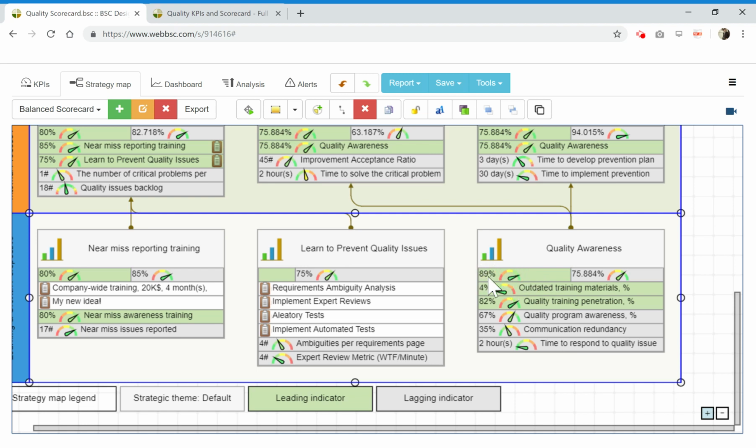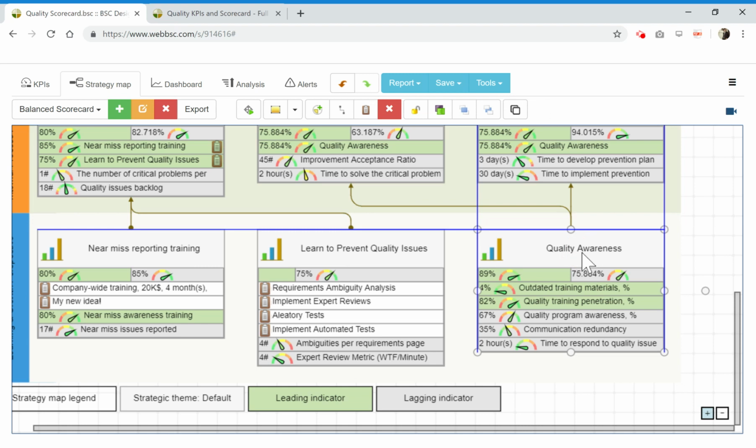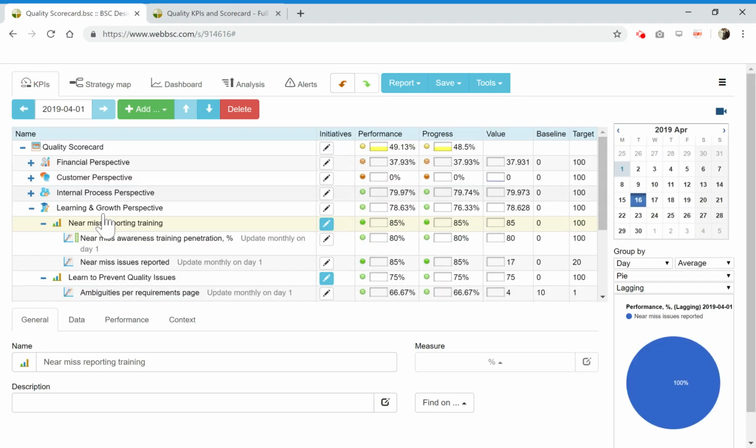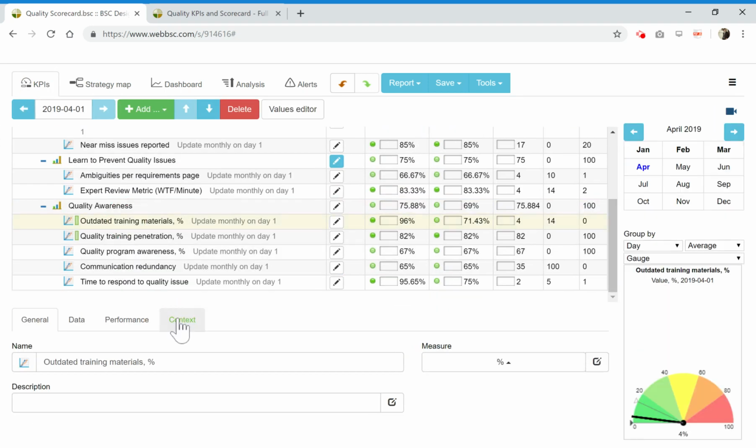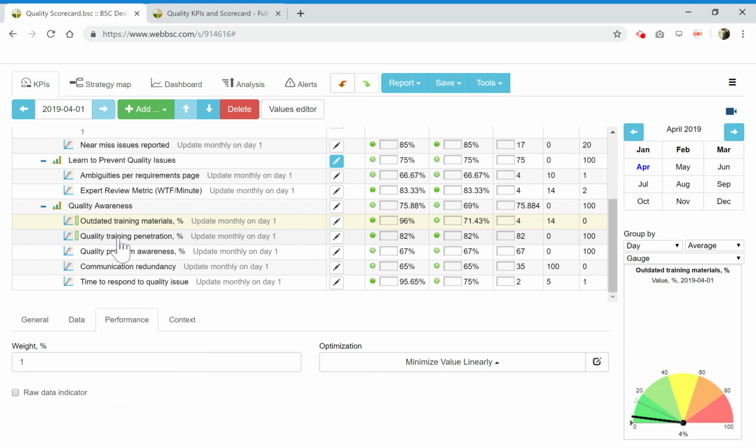So 89 on green background is the leading performance of this goal that takes into account these two leading indicators, and 75.88% is the lagging performance of this goal. Actually, it looks very easy, but let me explain some nuances behind these calculations. To do this, I will switch here and show you some properties of these indicators.